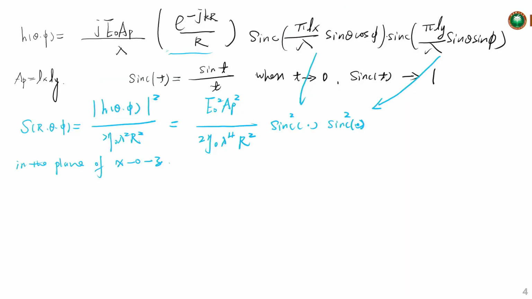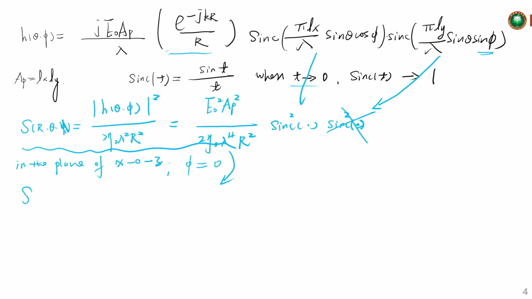So in this plane phi equals 0 always. So that means phi equals 0, sin phi equals 0. So when that tends to 0, sinc 0 equals 1. So this term equals 1, and just delete it. And phi equals 0, so it's not dependent on the phi here. So the expression finally is this one here.